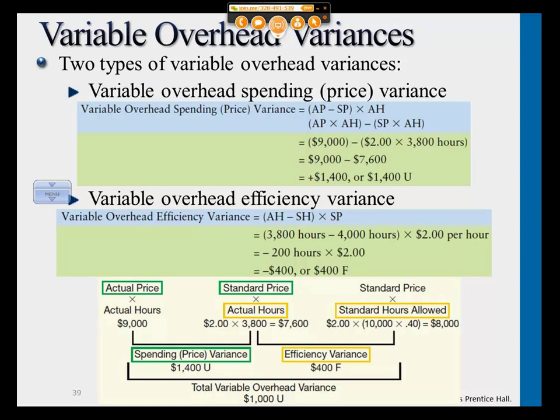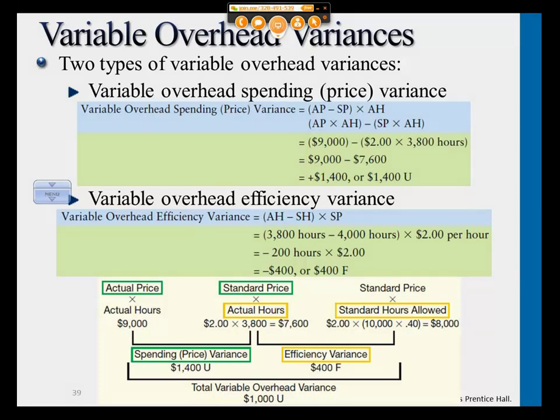It's good to remember that it's actual price minus standard price. If you remember that formula and you're sure of it, the sign will tell you if it's unfavorable or favorable. But if you're not sure, just make sure that you can verify it by understanding what's behind that formula. If it's positive, then it's unfavorable. If it's negative, then it's favorable. It's very easy then.